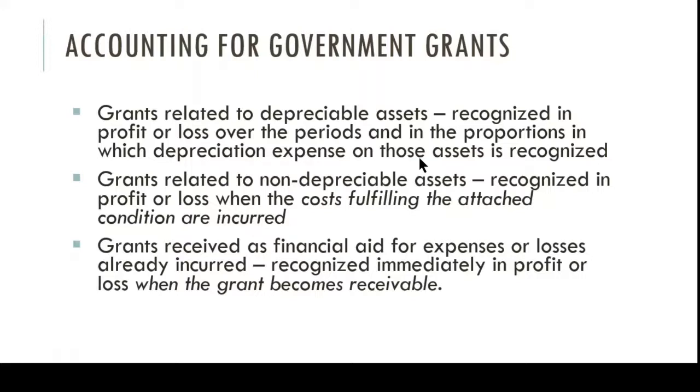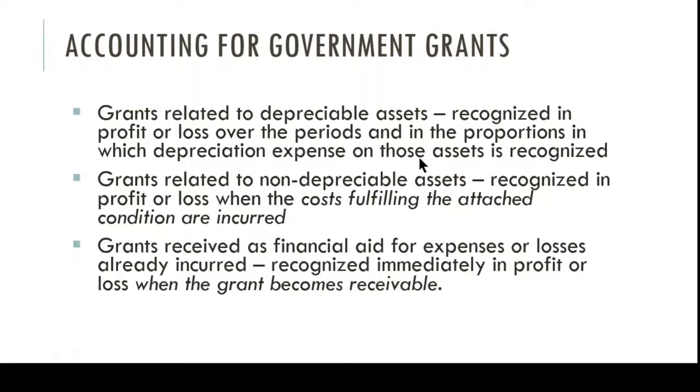Recognizing government grants in the profit or loss on a receipt basis, meaning you're going to recognize it once you have received it, that is prohibited, as it violates the accrual basis of accounting. That's why we have methods here. If it is a depreciable asset, you're going to allocate it over the period, the same as the depreciation.